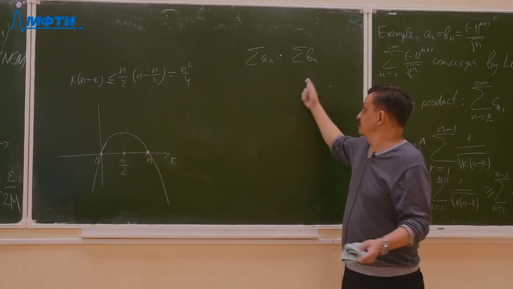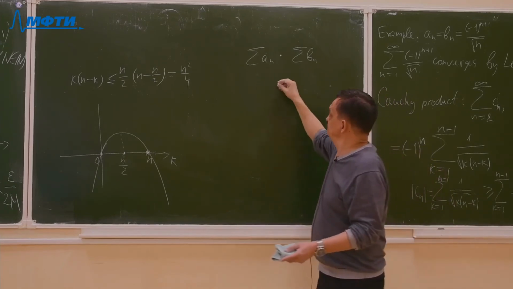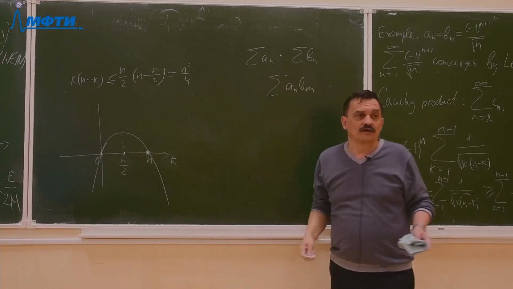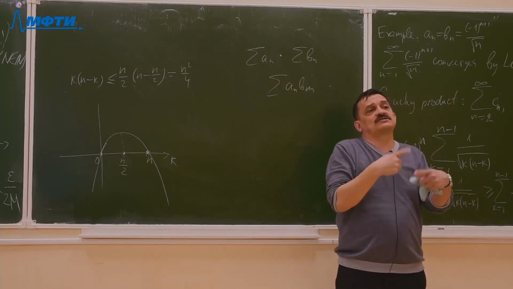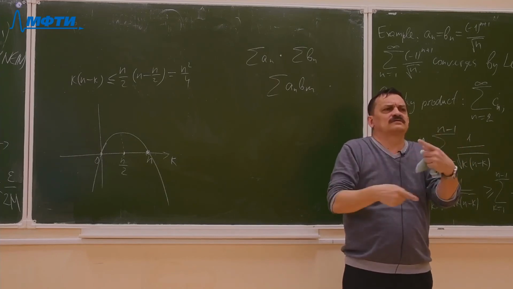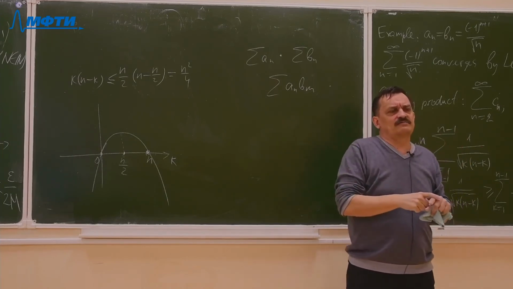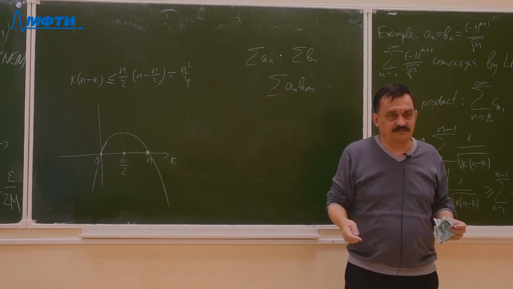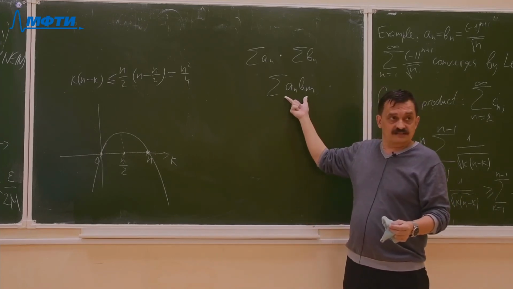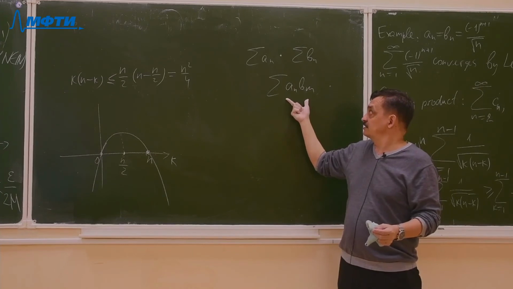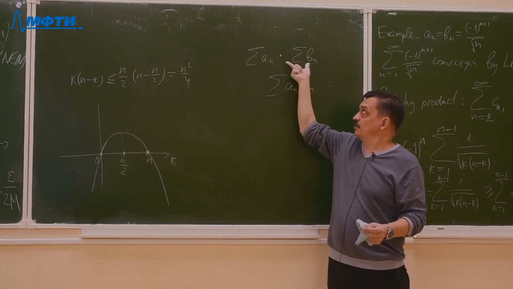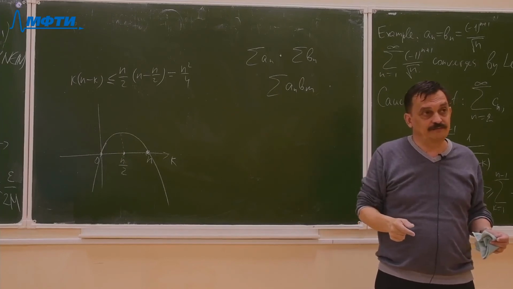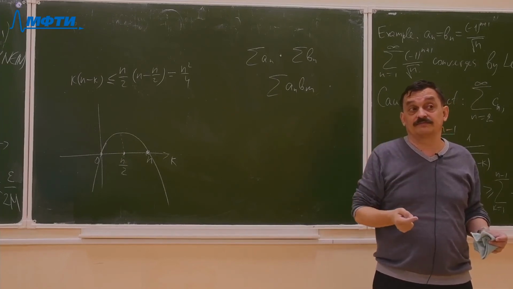So you can consider a series which consists of all possible products a_n times b_m in arbitrary order. Doesn't matter, right? So this series converges and its sum equals the product of sums of those two series. That's one case.